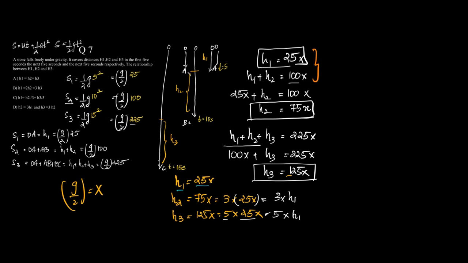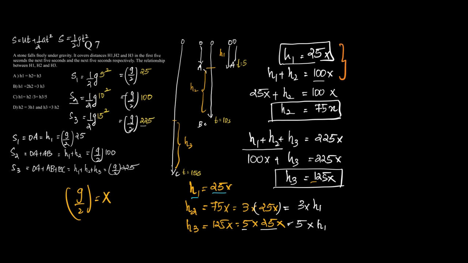So if you look at the relationship here, what we have reduced so far, it reduces to h1 is equal to 25x, h2 is equal to 3h1, and h3 is equal to 5h1.